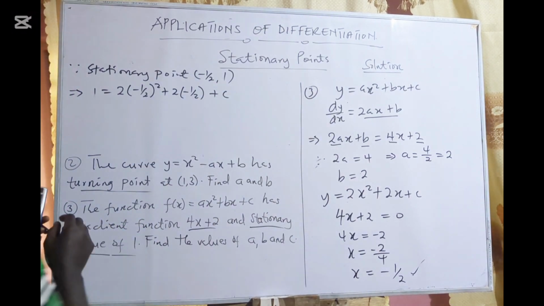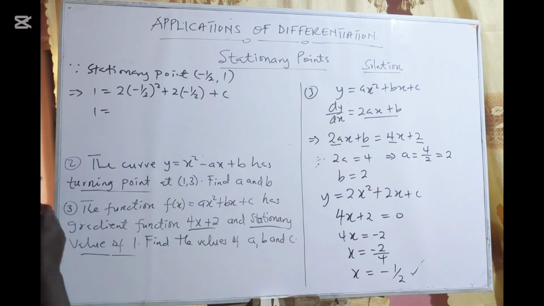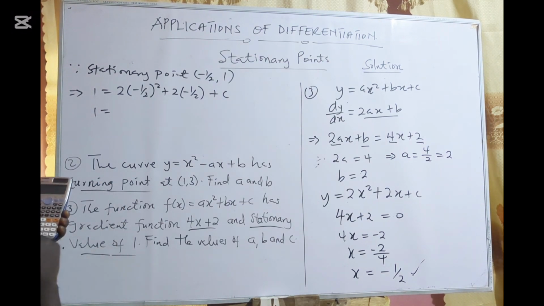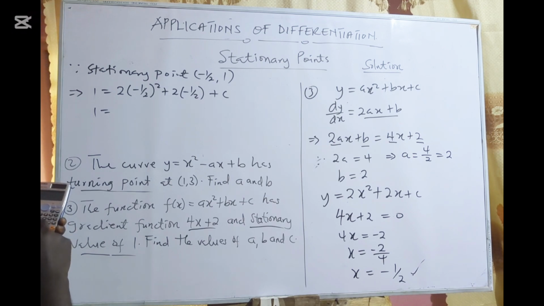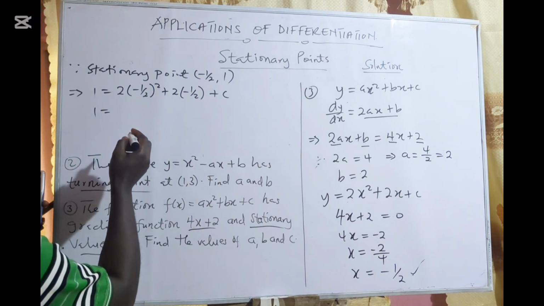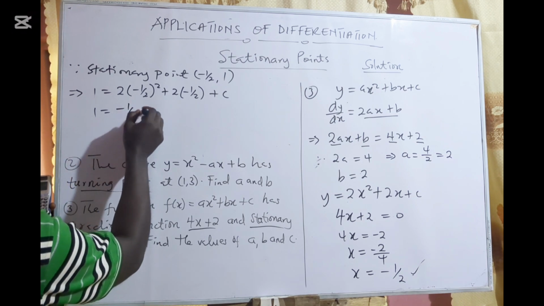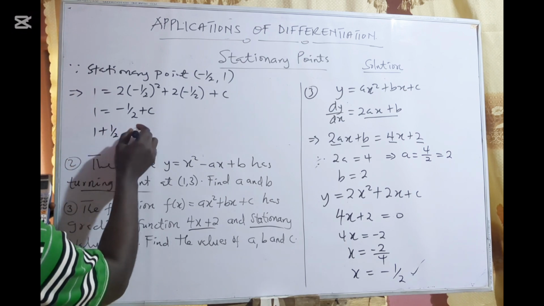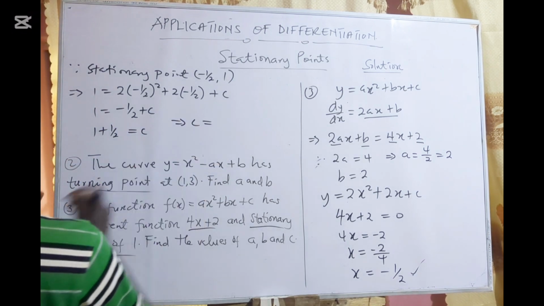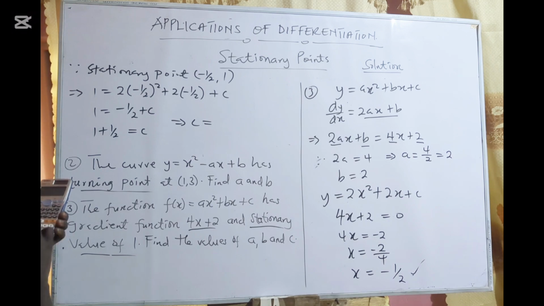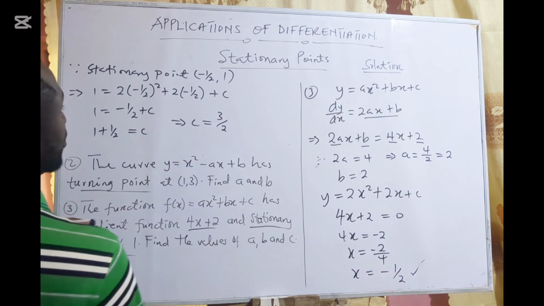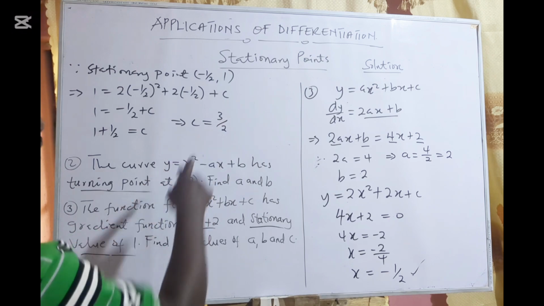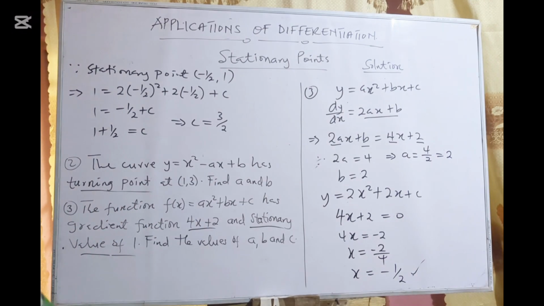So we have 1 equal to 2 times minus 1 over 2 squared plus 2 times minus 1 on 2, which gives us the same as minus 1 on 2, plus c. So we can say that 1 plus 1 over 2 is equal to c. 1 plus 1 on 2 is 3 on 2. So the value of c is 3 over 2.